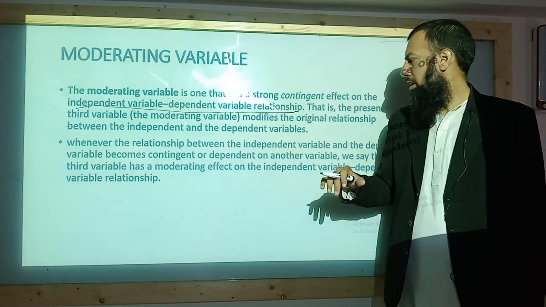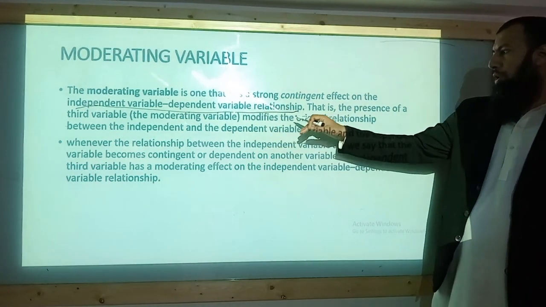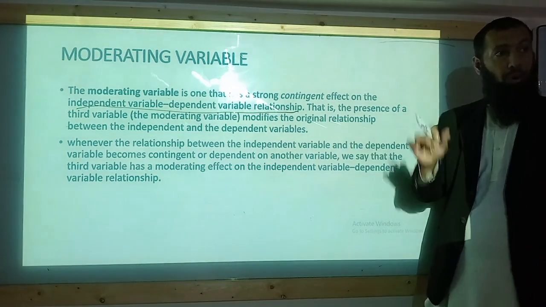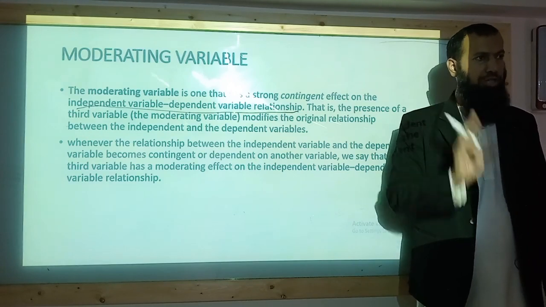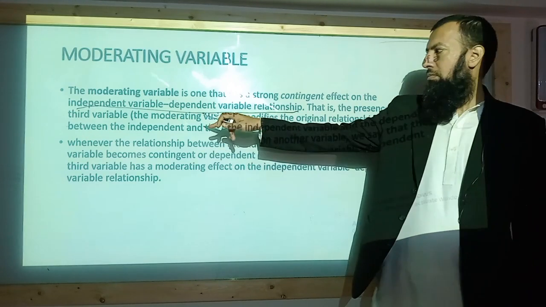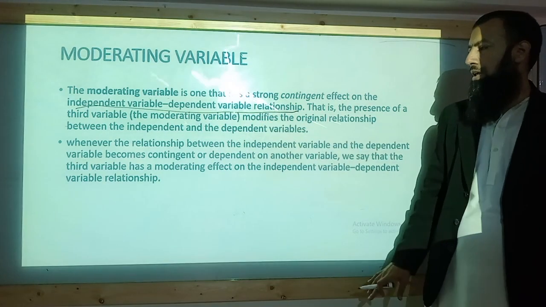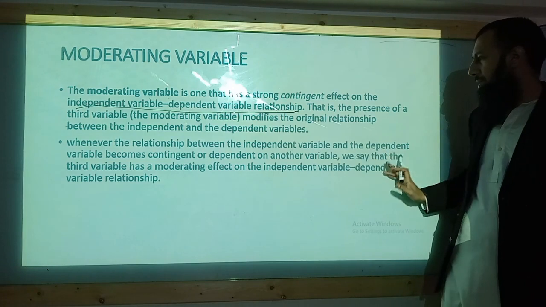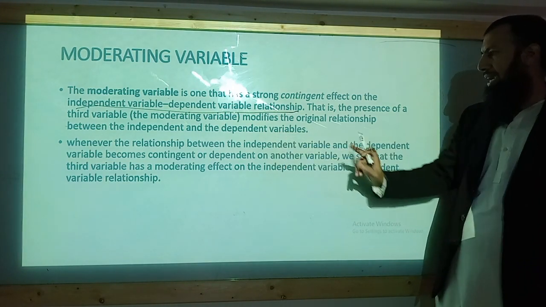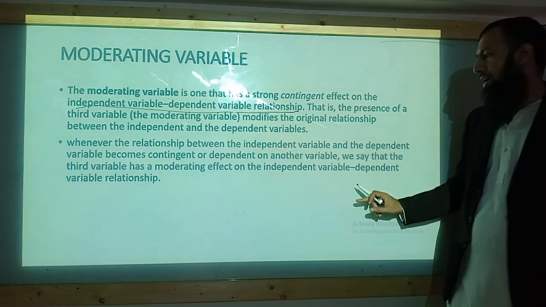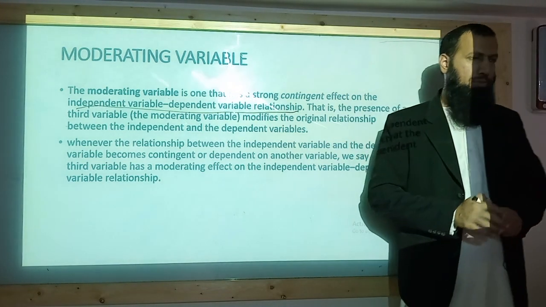That is, the presence of a third variable, the moderating variable, modifies the original relationship. There must be a change, a modification, in the original relationship between the independent and dependent variable. Whenever the relationship between the independent variable and the dependent variable becomes contingent or dependent on another variable, we say that the third variable has a moderating effect on the independent variable, dependent variable relationship.